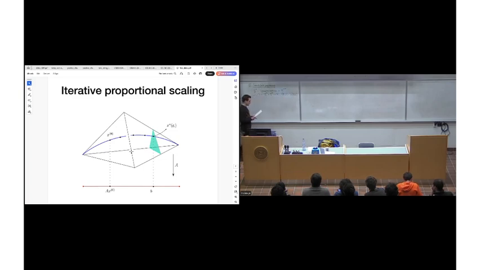Sn plus is the PSD cone. These are the symmetric matrices for which V transpose XV is non-negative for all V.